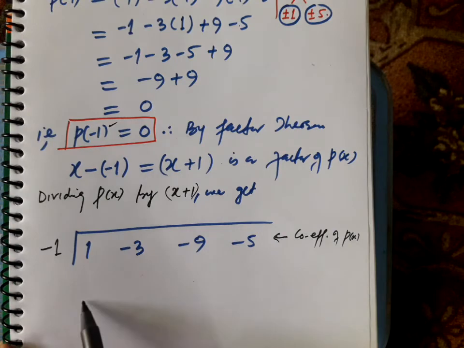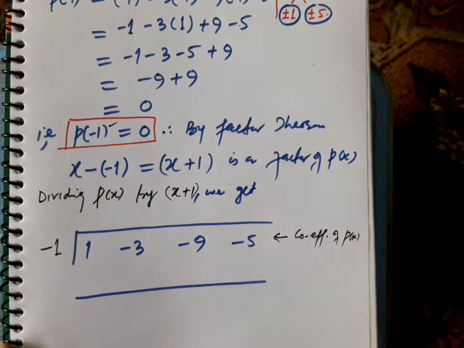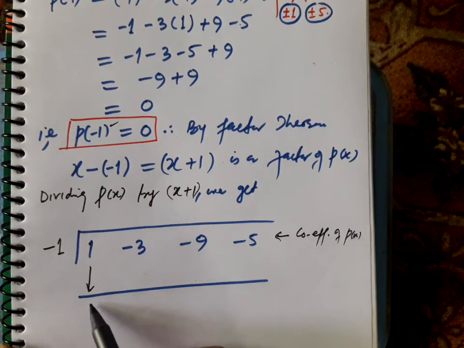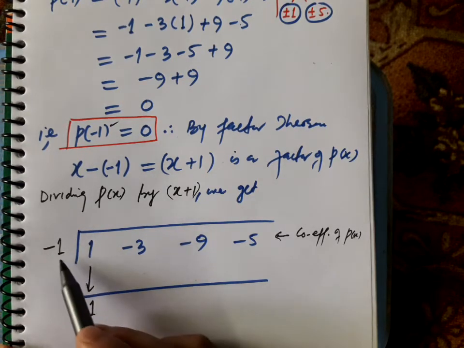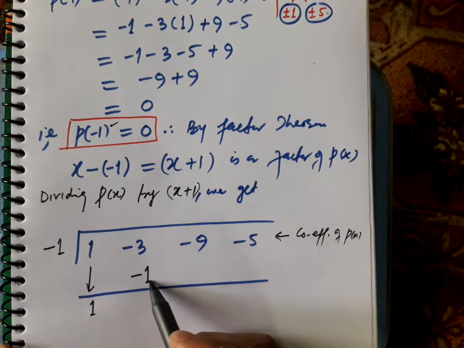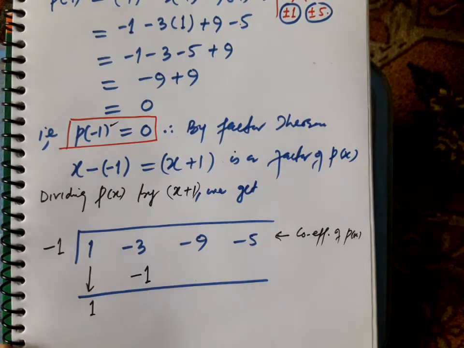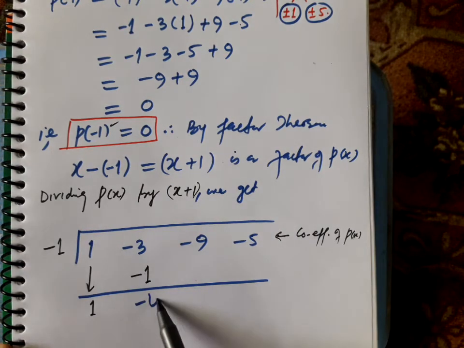Now we will do as we have learned the method of synthetic division. ये यहाँ आएगा सिंपली 1, तो यहाँ लिखेंगे -1. अब इन दोनों को ऐड करने पर -3 और -1 से -4 आएगा.